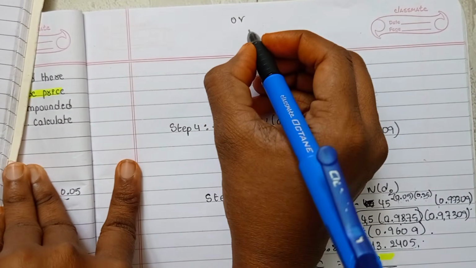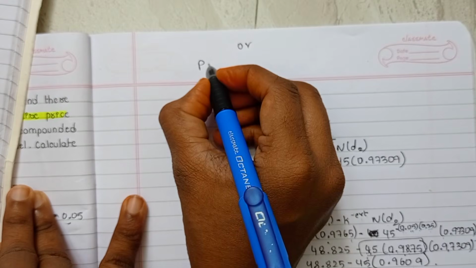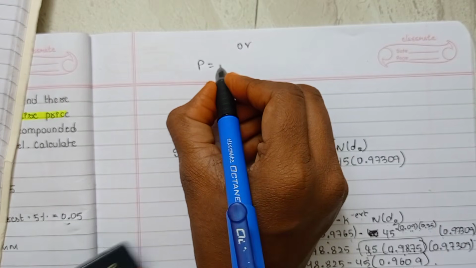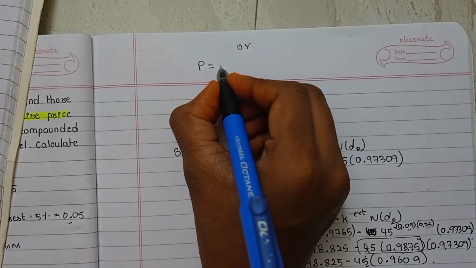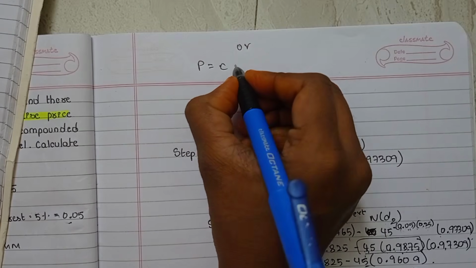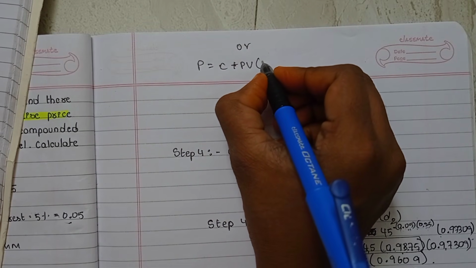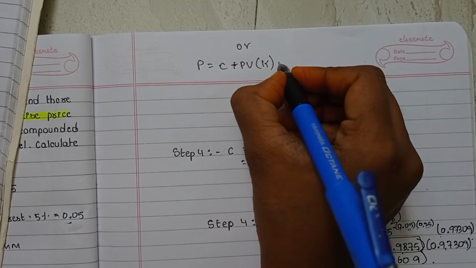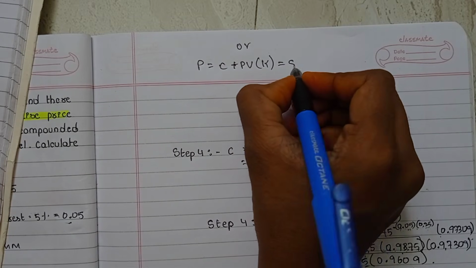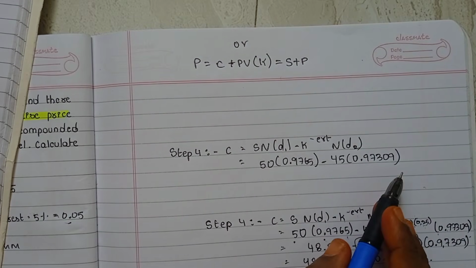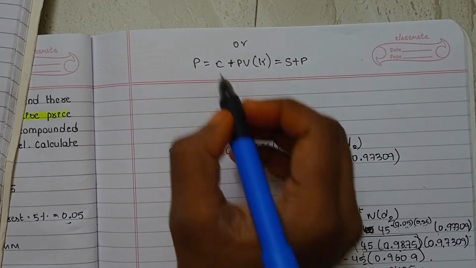So, for P we can apply another formula, that is P is equals to C plus PV of X, that is K e^(-rT), is equals to S plus P. So this is the other formula.